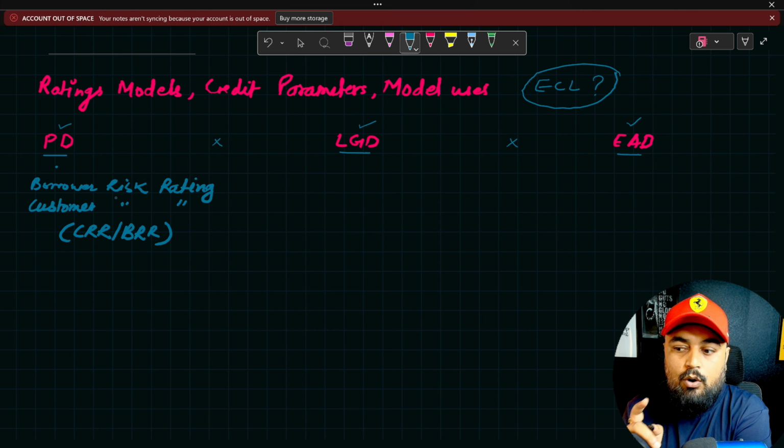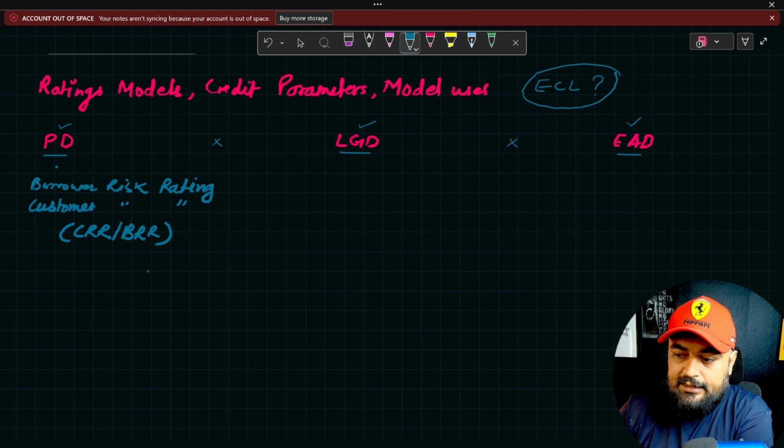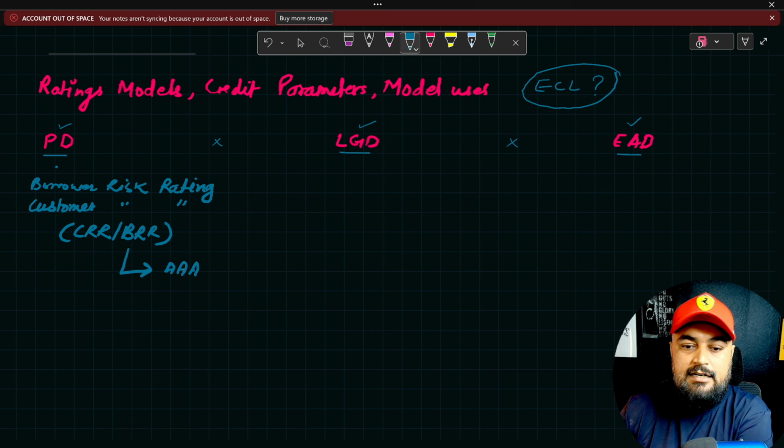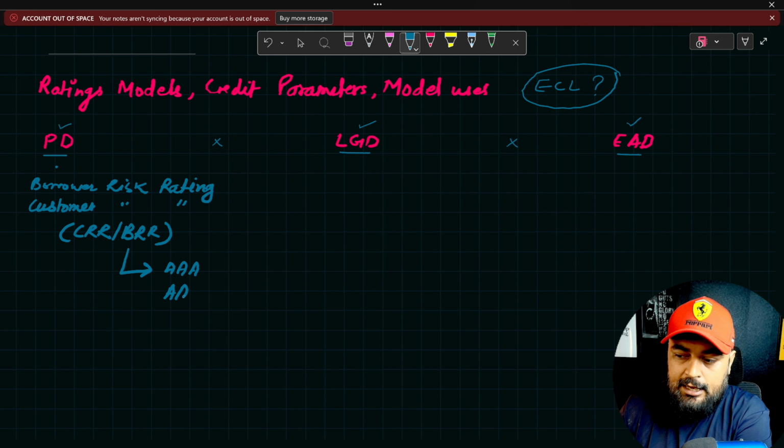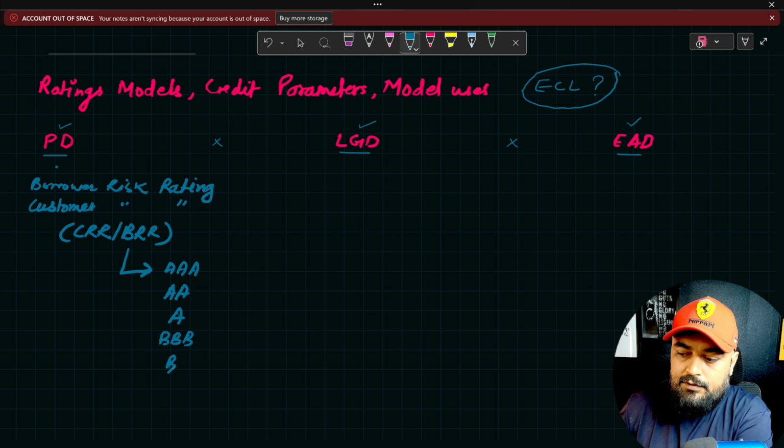Now BRR or CRR, these risk ratings are divided into a kind of scaling method. Like the best customer in your database will be considered as AAA. That is the topmost. Then you will have AA rating. Then you have single A rating. Then you have triple B rating, for example. Then you have double B. Then you have B. Then you have triple C. Then you have double C, and C is the worst rating.